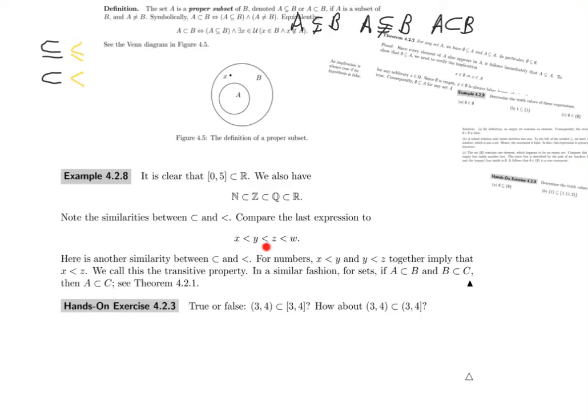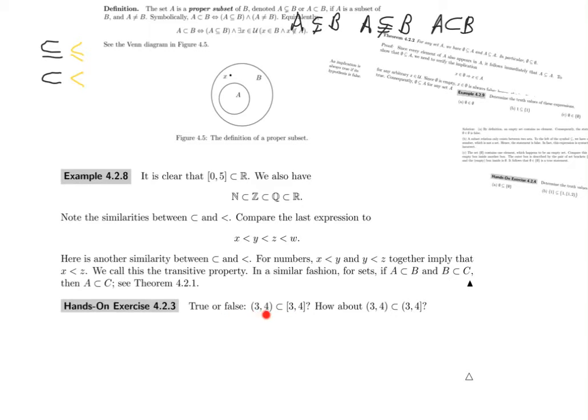And then there's this connection with inequality symbols as well. Okay, this also has the transitive property, which is very similar to what we argued earlier in a previous part of this lesson.